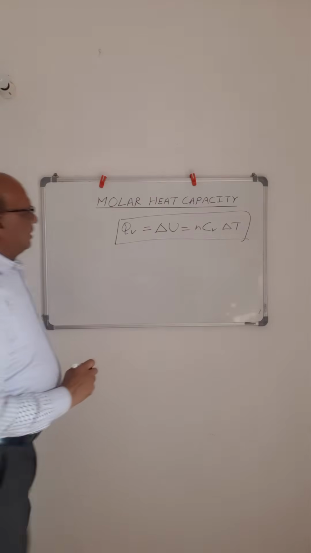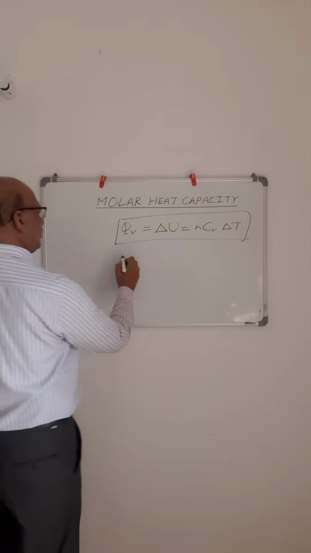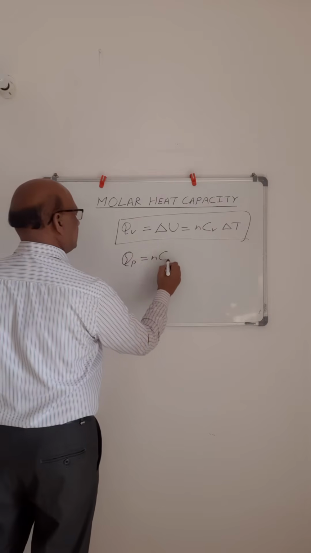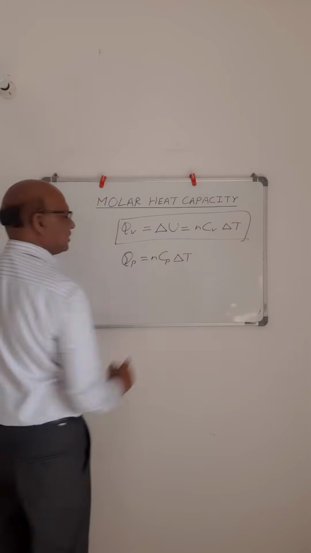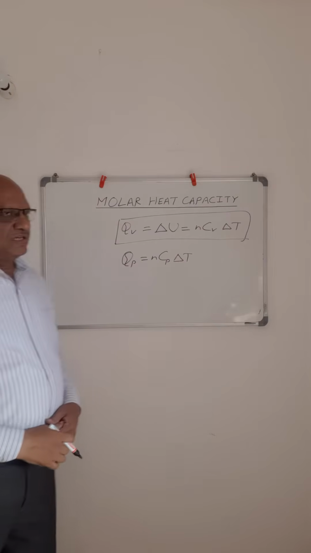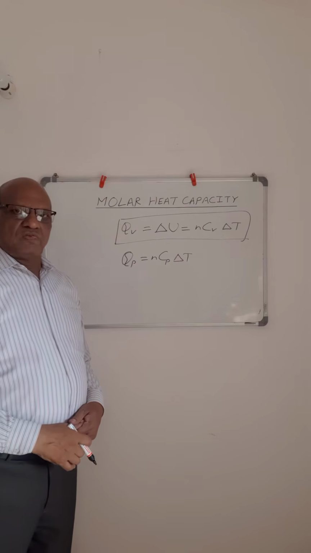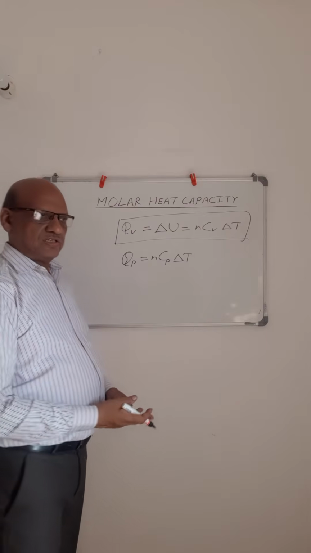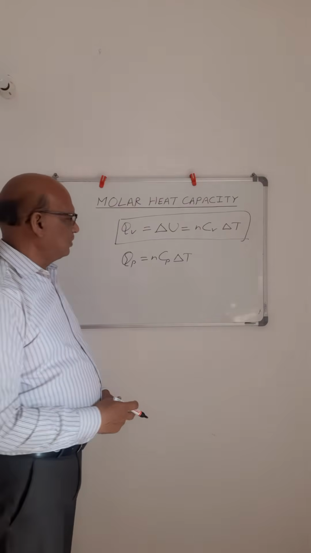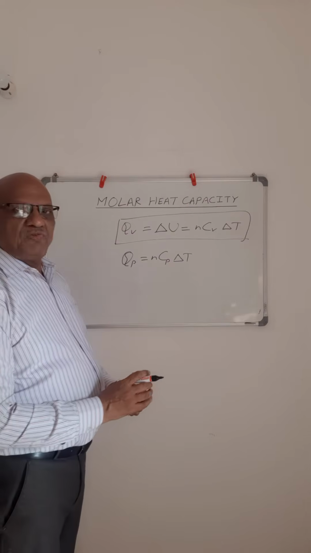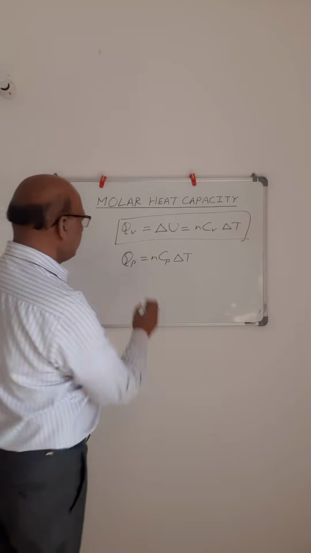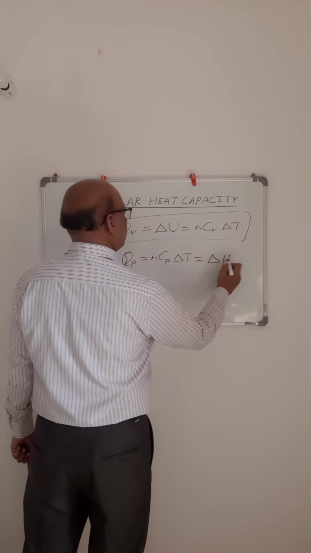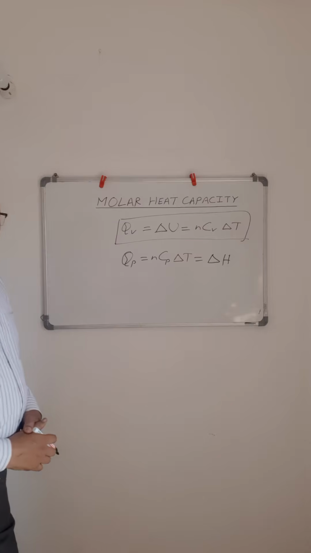Now there is another formula for Qp, that is n Cp delta T. In this case, when we supply heat to the gas at constant pressure, the volume of the gas also changes, or rather, the volume increases. So the gas is also doing some work, so its PV value will change. In this case, we write this as delta H, where H is the enthalpy.